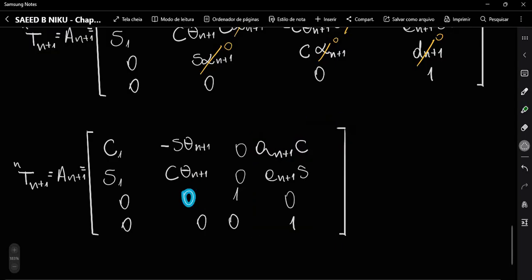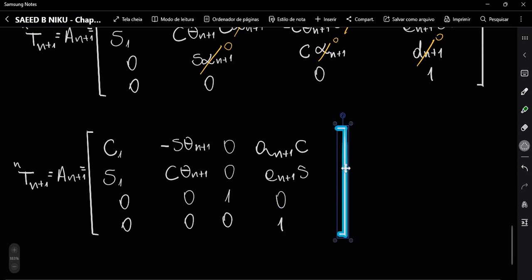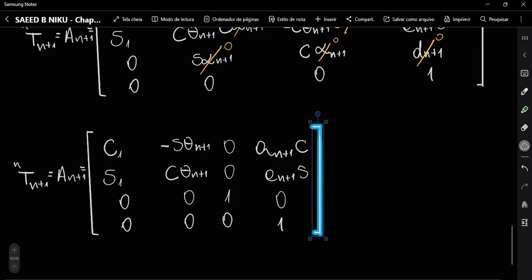And this is the matrix for the first transformation, which is the transformation of the frame 1 in relation to the frame 0. A generic solution for any value of theta 1.